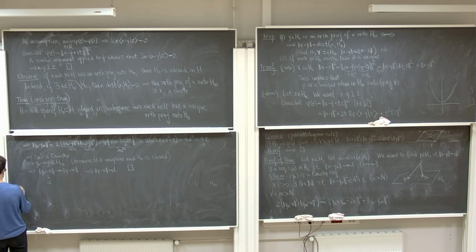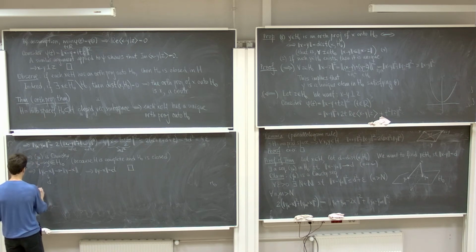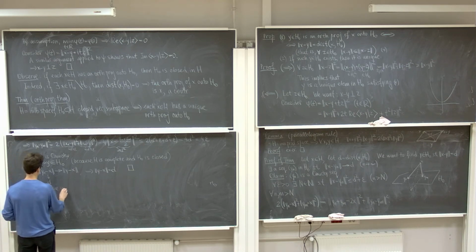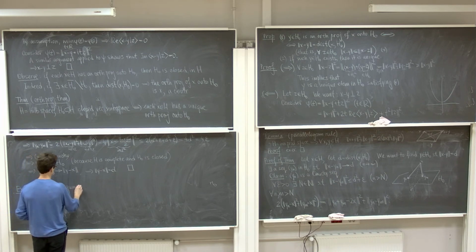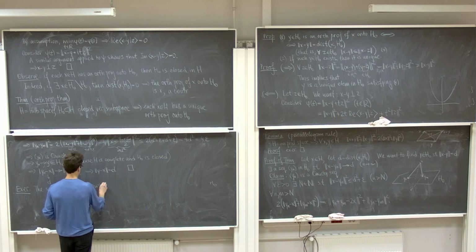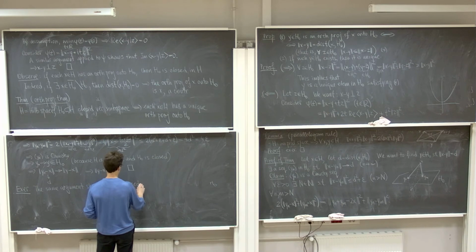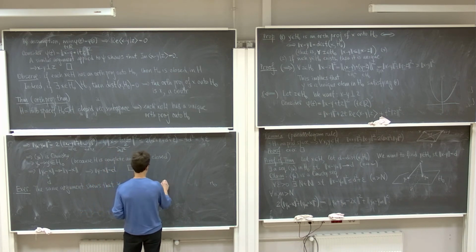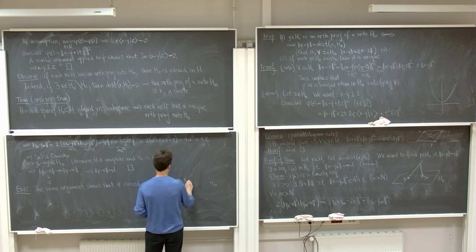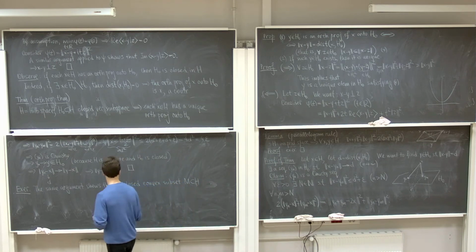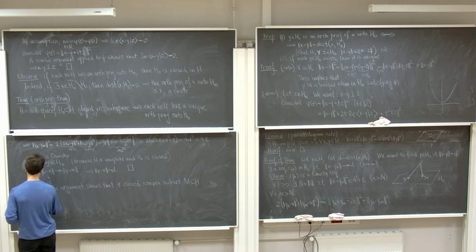Okay, by the way, a little exercise for you. In fact, we have proved a little bit more, namely, essentially the same argument shows that for each closed convex subset M of H, and for each x in H, there is a unique nearest point.